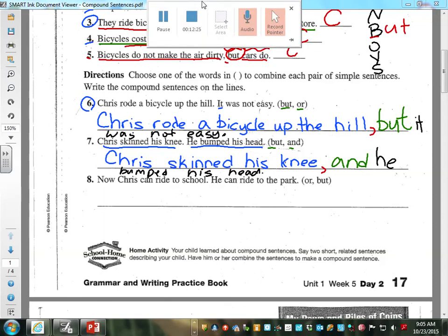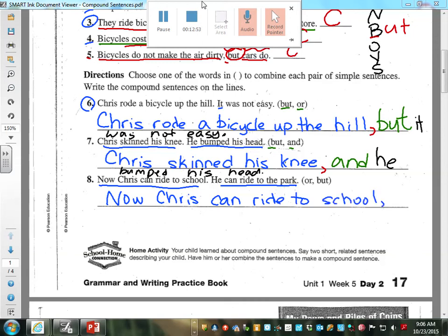So let's look at number 8 now. It says, now Chris can ride to school. He can ride to the park. Our first complete thought is what, class? Now Chris can ride to school. What comes after the word school?